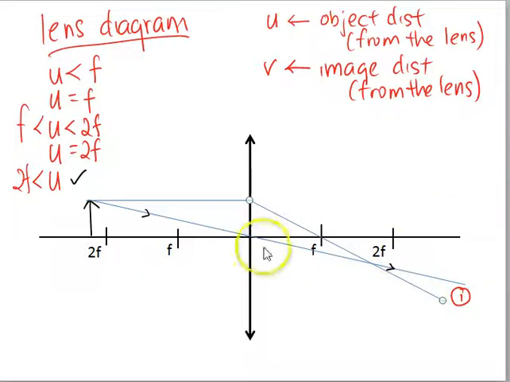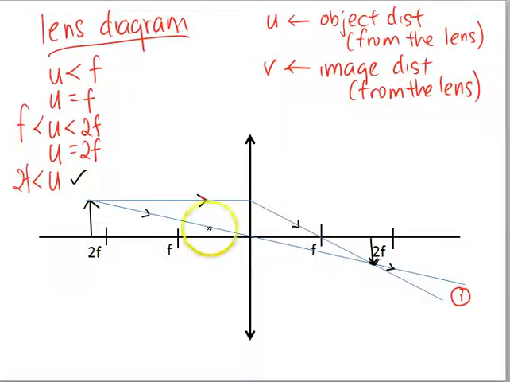So at this point here, let's draw all of this. Sorry, let's use a black pen. Now you can see that the light rays converge at a point. And this is where actually your image is formed.